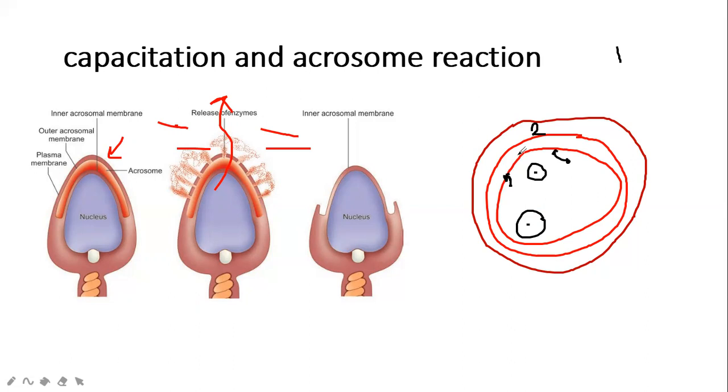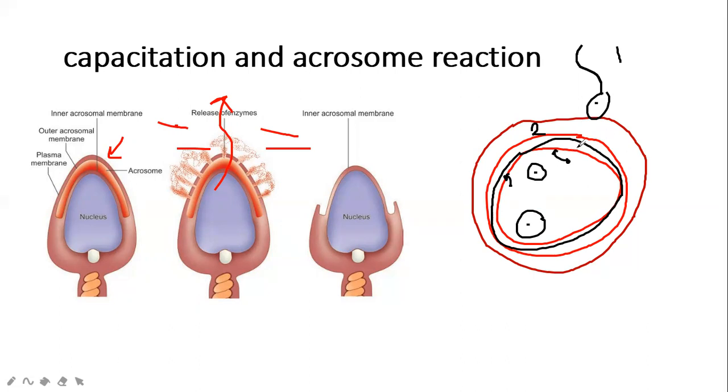And these contents actually harden the zona pellucida. So the zona pellucida now becomes harder, so that whatever spermatozoa is outside and also trying to get in will fail. That is what functions in preventing what we call polyspermia, that is fertilization of one egg by more than one spermatozoon.